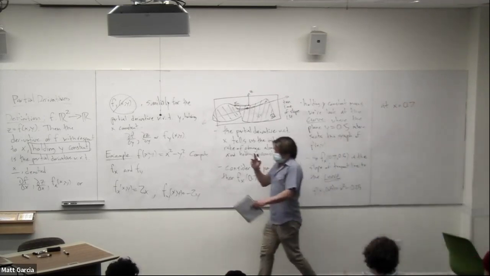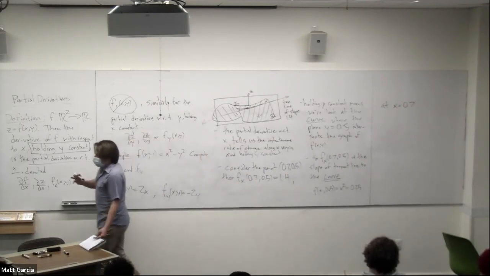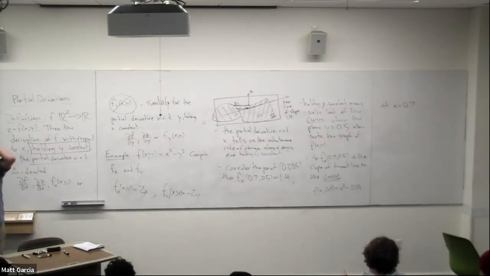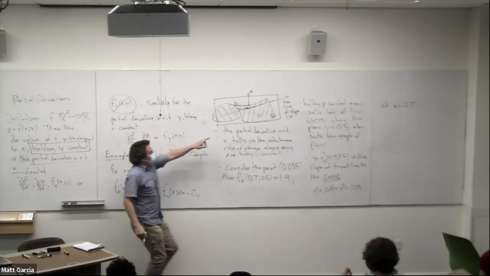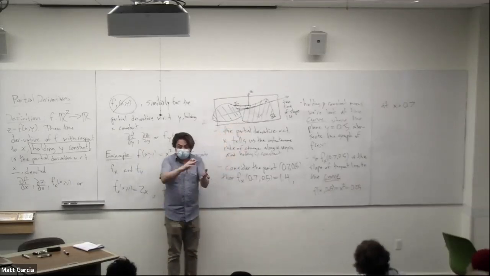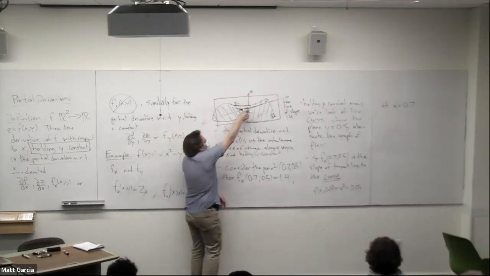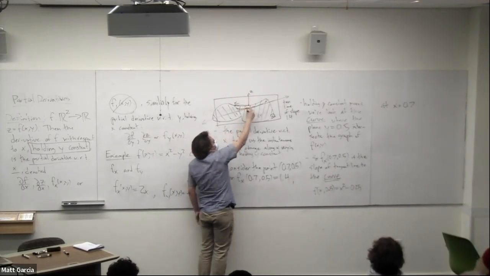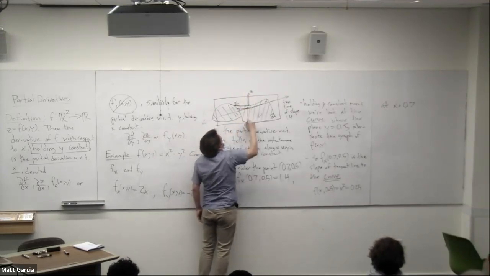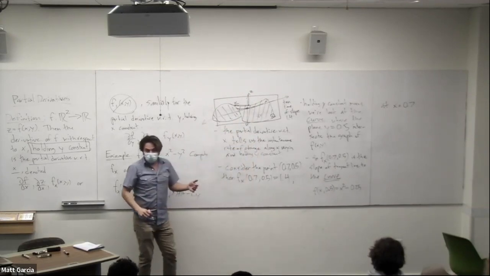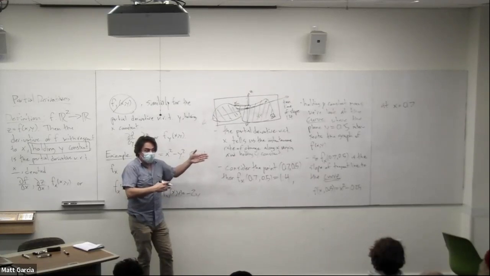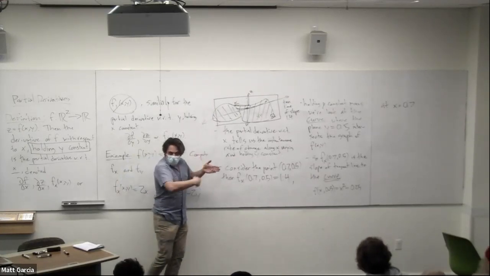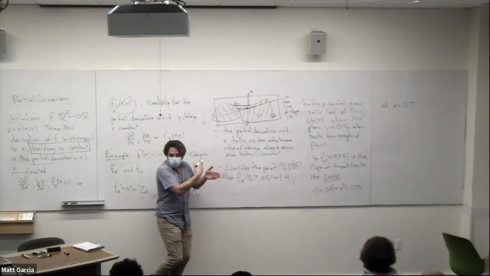Okay. I want to put a strong emphasis on this. It doesn't make sense to talk about the tangent line to a surface. It doesn't make sense to talk about the tangent line at a point that lies on the graph of f, because there's a bunch of lines that are tangent. I could come up with an entire family of lines. And here's another line that's tangent to the graph at that point. I have to fix either an x or a y to determine a tangent line.